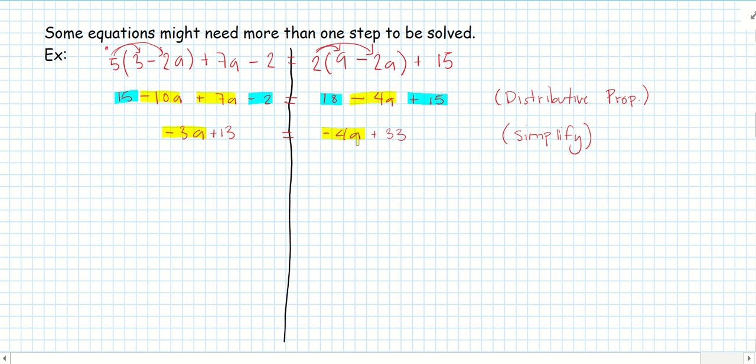That means either I move the negative 4a to the left, or I move the negative 3a to the right. So what I'm going to do is get the variables on the same side.